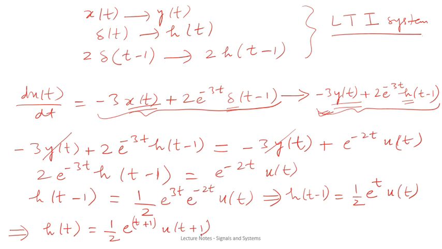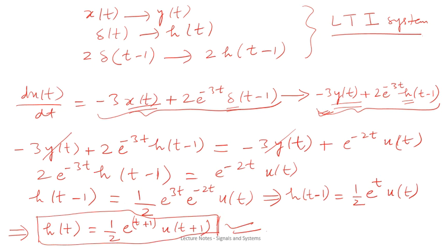Okay, so in this equation you can just replace this t with t plus 1. So you will get the impulse response h(t) which is asked in the problem. So this will be the final answer.